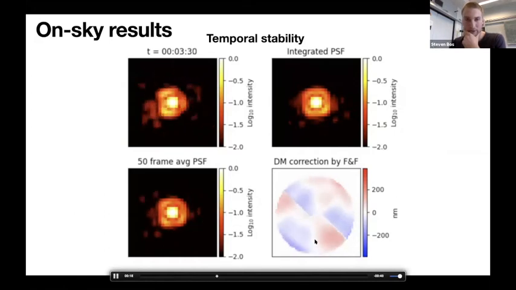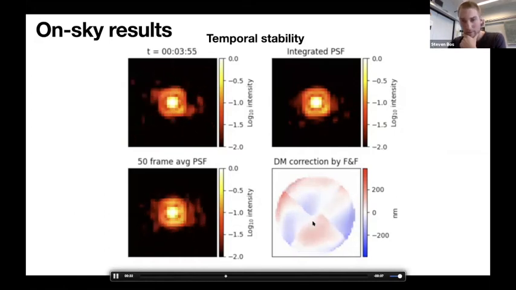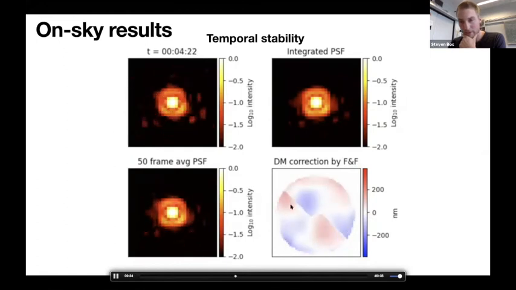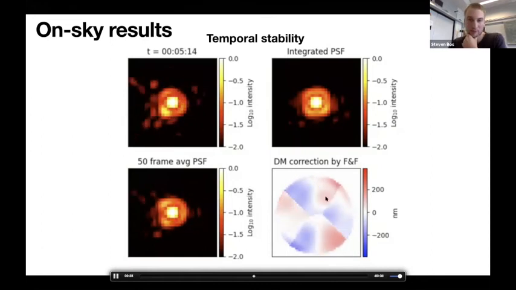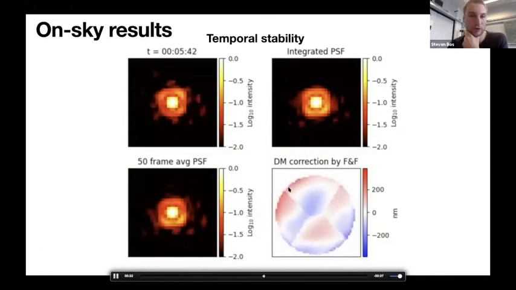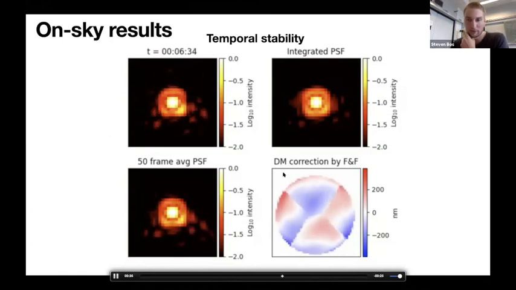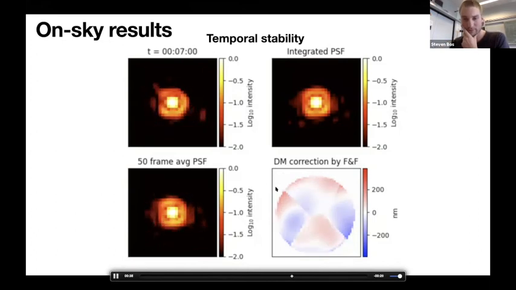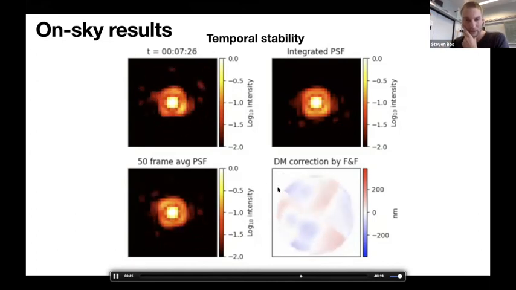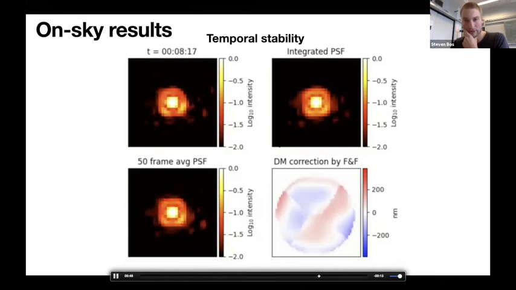And as you can see, at the Subaru telescope, the DM corrections to correct for low wind effect seem to be stable for quite some time, which suggests that the time scale of the low wind effect is a lot longer than we will see at the VLT. But this is something for later in the presentation. And as you can see, during this entire 10 minutes, the PSF, especially the long-term PSF, seems to be very stable. It's almost the same as what we had in the previous test.